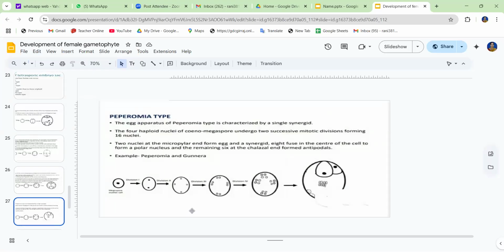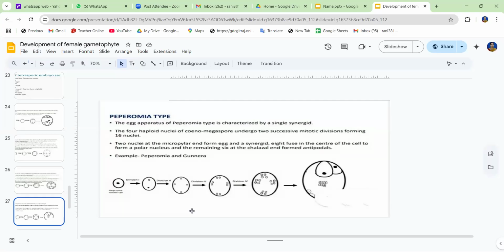And the next one is the Peperomia type. In the Peperomia type, the egg apparatus is characterized by a single synergid. That means in this subtype, each of the 4 megaspore nuclei divides twice, forming the 16 nuclei, which are uniformly distributed at the periphery of the embryo sac.